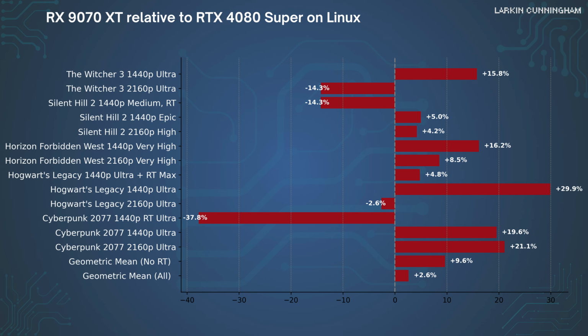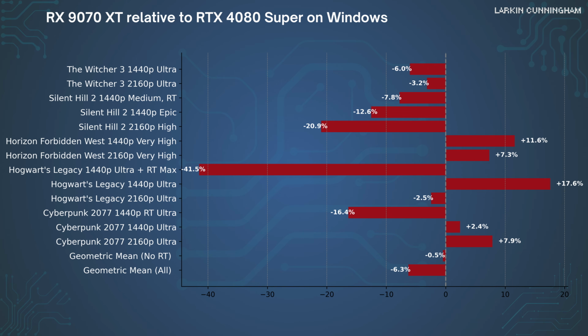Now, what if we compare the 9070 XT and the 4080 Super just on Linux? And we'll see some interesting results here. We actually see a win for the 9070 XT despite some very large deficits in ray tracing results. We actually see that overall without RT, it's about 10% ahead, and even when you include RT, it does eke out a slight win against the 4080 Super.